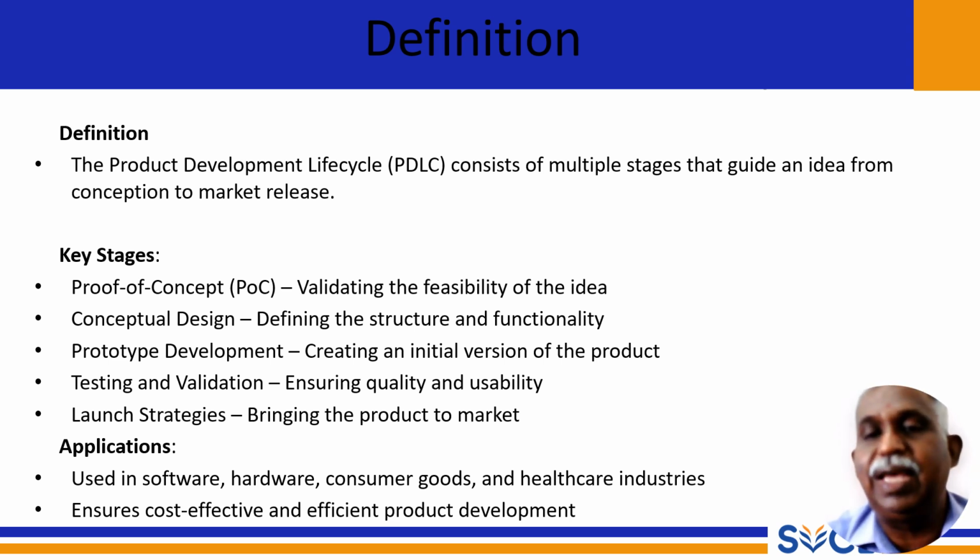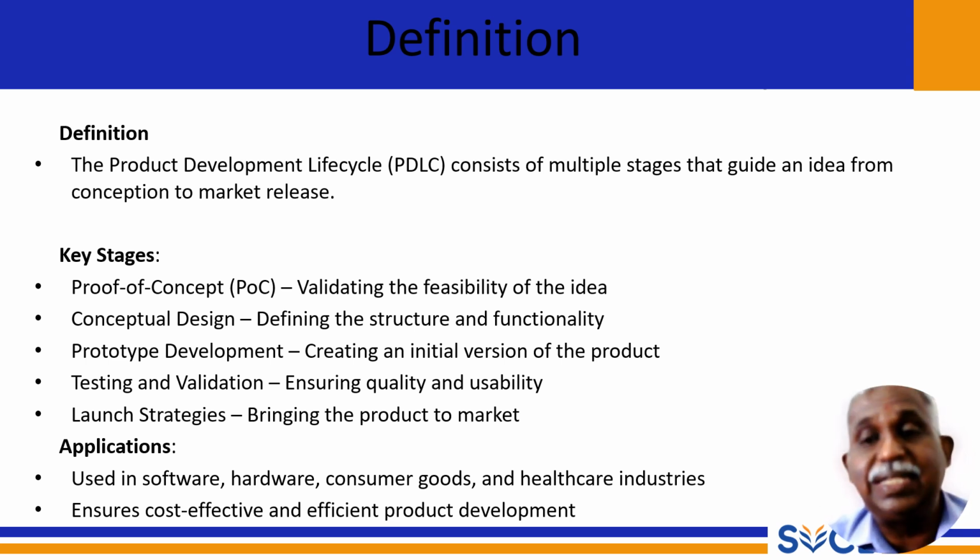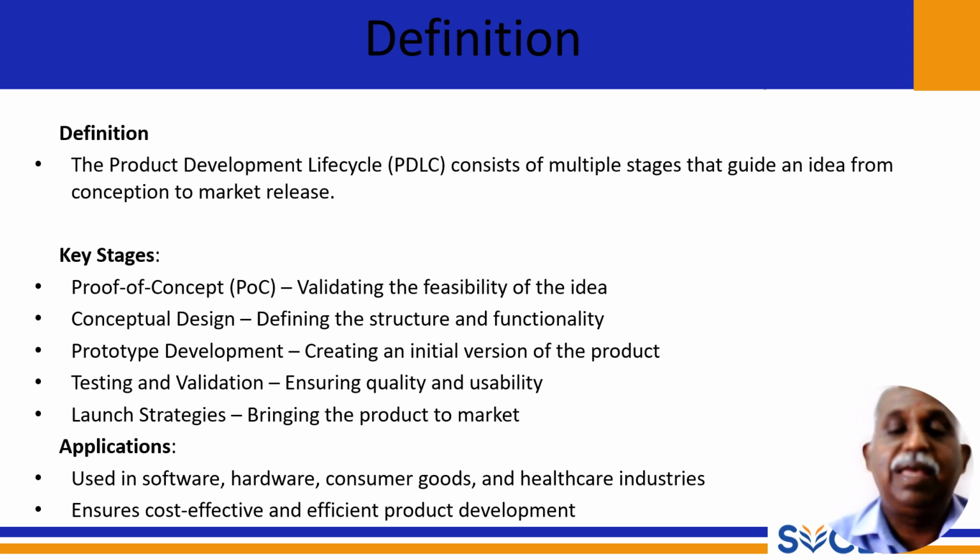That's why we call it lab-to-market product development, where we are applying different stages. In the last class, trends in startups, we saw different trends. At present, artificial intelligence, healthcare, different trends we have. We classify them in major ways: software, hardware, consumer goods, healthcare. For everything we need to consider two things: one is cost effectiveness, number two is quality.